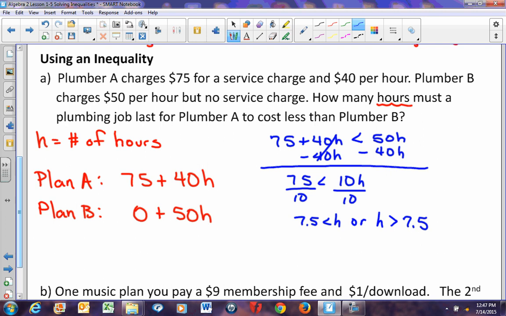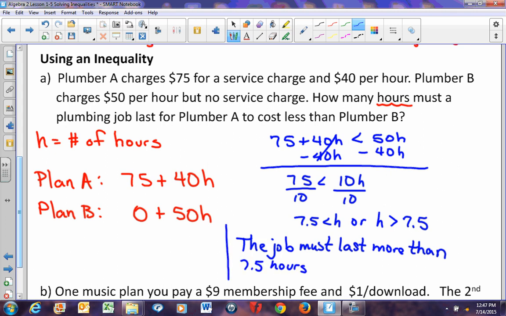So how many hours must a plumbing job last? The job must last more than 7.5 hours. So if it's a 5-day plumbing job, plumber A will be cheaper. But if it's a short 1-hour job, plumber B is going to definitely be cheaper than not having to pay a service charge.